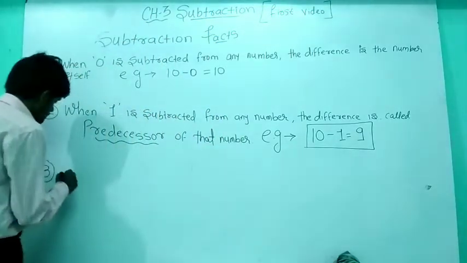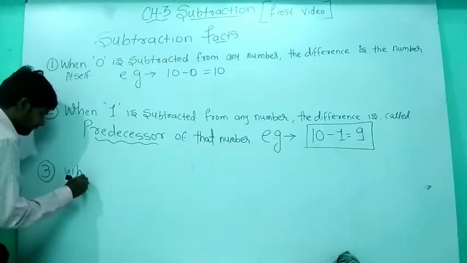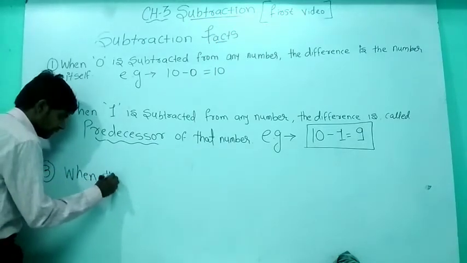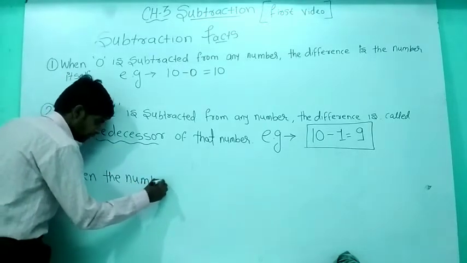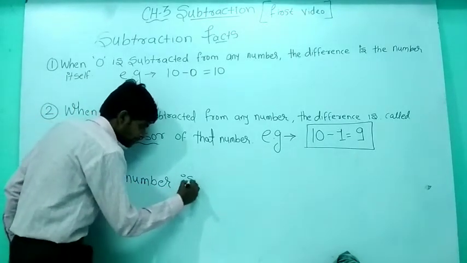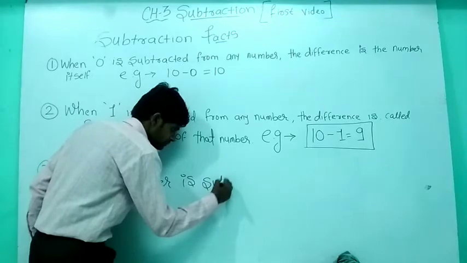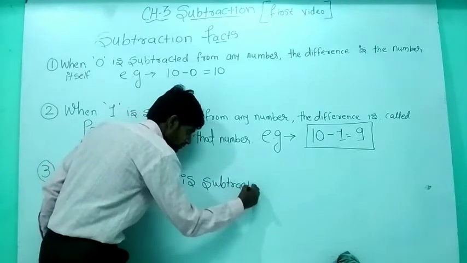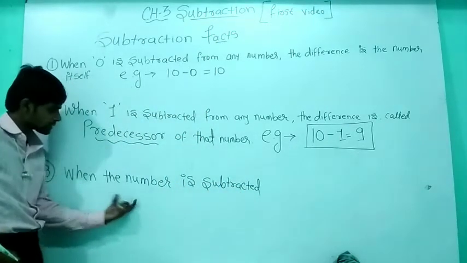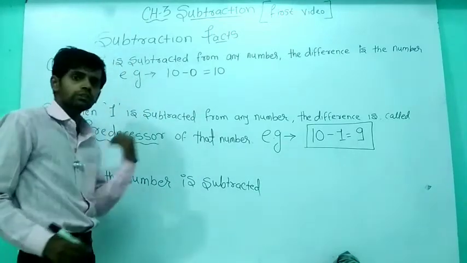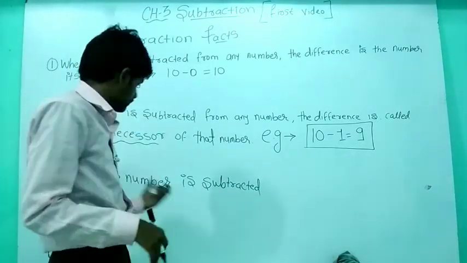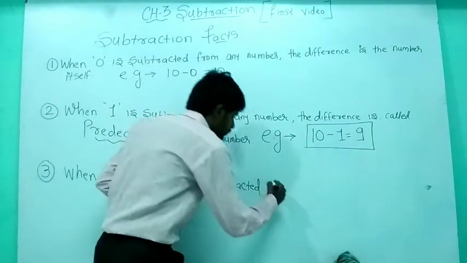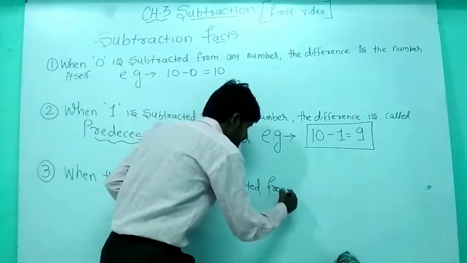So we will write: when the number is subtracted from itself. The number that you have is subtracted from itself.